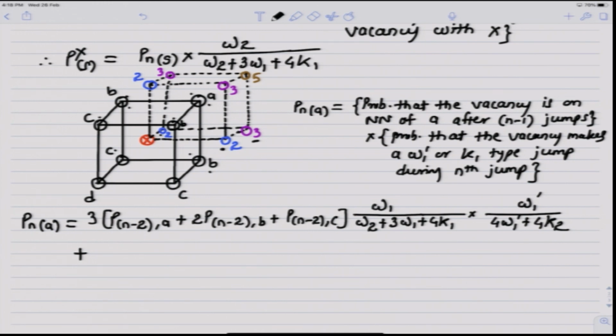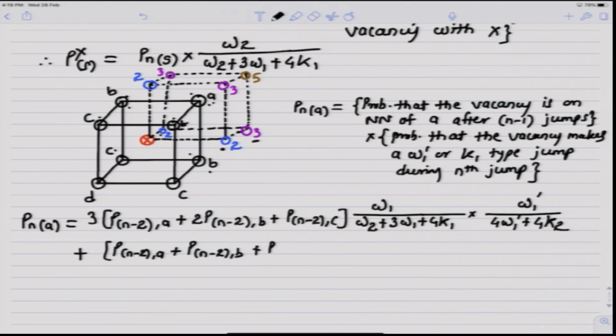The others will be outside it, and so we will not consider those. So, this would be P n minus 2 of A plus P n minus 2 of B. Then for this type 3 atom, after n minus 2, the vacancy should have been either on this A or on this B.